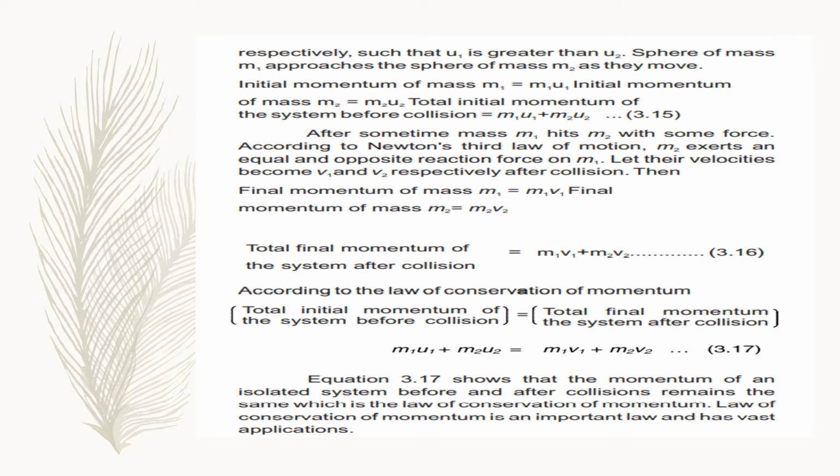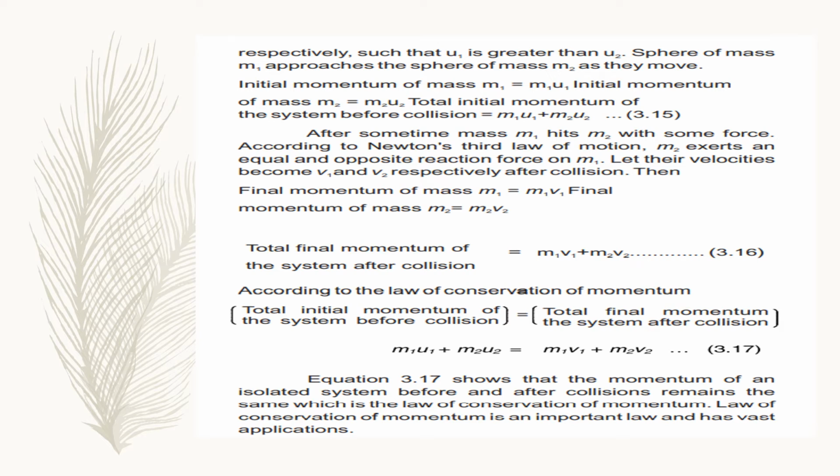Initial momentum of mass m1 is equal to m1u1 and the momentum of body B before collision is equal to m2u2. So the total momentum of the bodies before collision is m1u1 plus m2u2, as in equation 3.15.